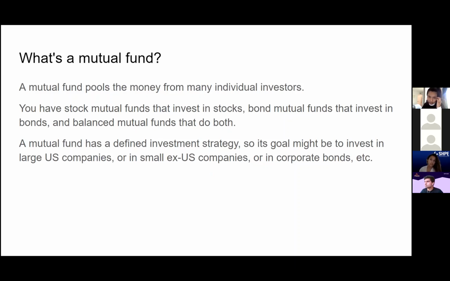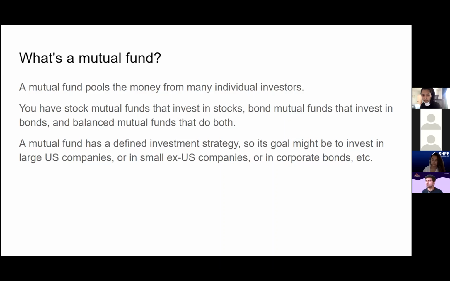Now, a mutual fund is just a pool. Everyone buys stocks in aggregate. A mutual fund just pools the money from many individual investors. So you have stock funds that invest in stocks. You have bond funds that invest in bonds. You have balanced funds that do a mix of both.